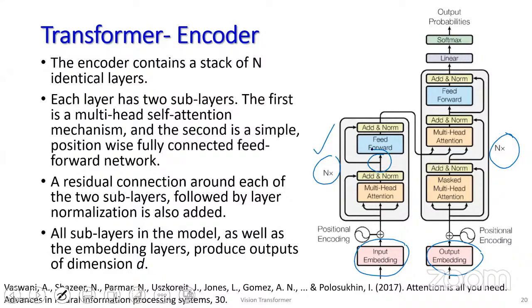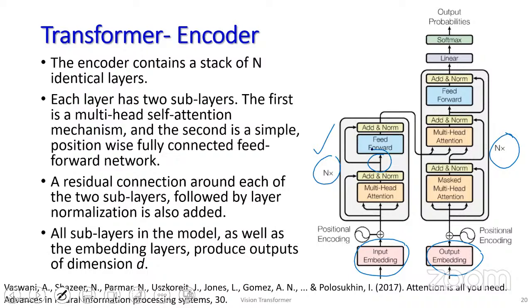So positional encoding fixes its position with respect to the sentence. Because we are talking about the natural language processing transformer, it will be like this. All sublayers in the model as well as the embedding layers produce outputs of dimension D.